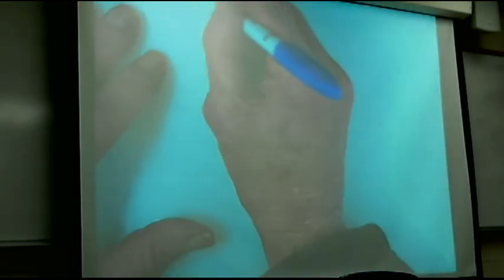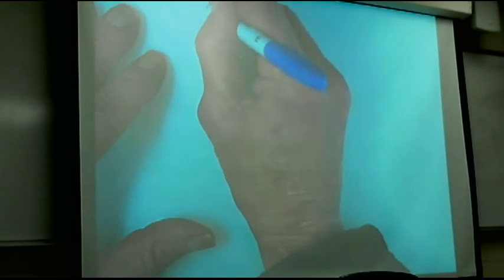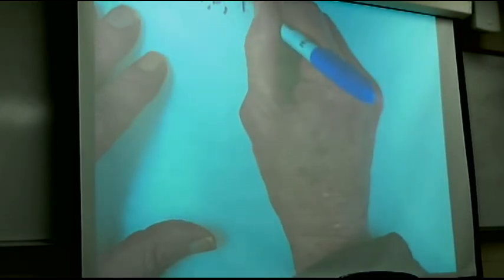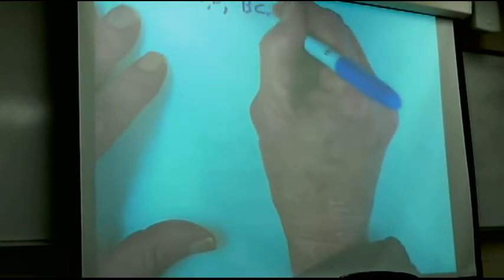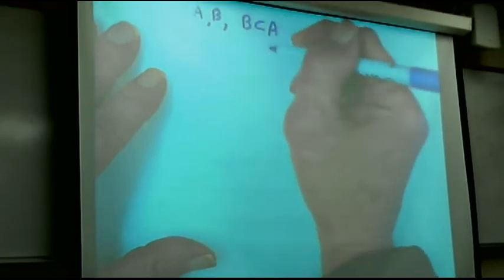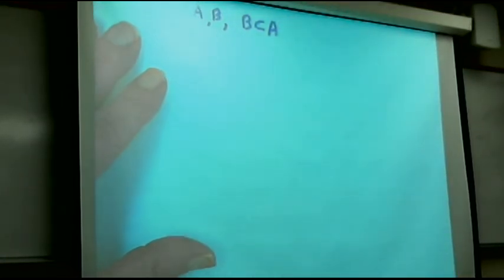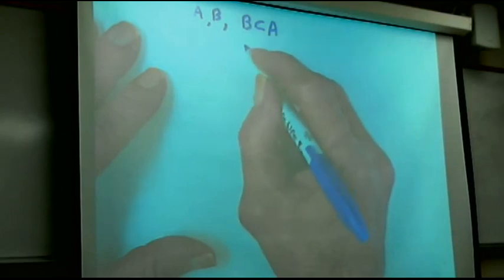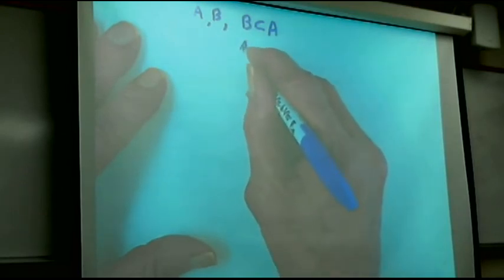If I have two factors, A and B, and B is nested within A. Let me write this kind of notation. B is nested within A. So we might envision some of the data that we've looked at here today.